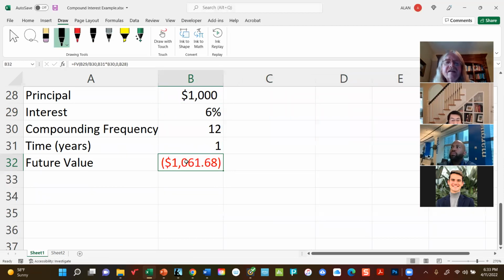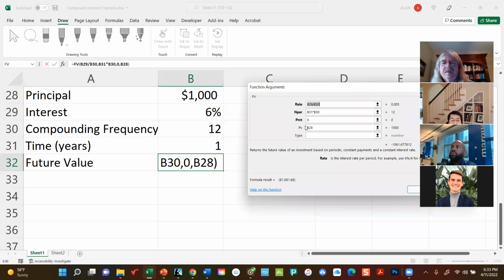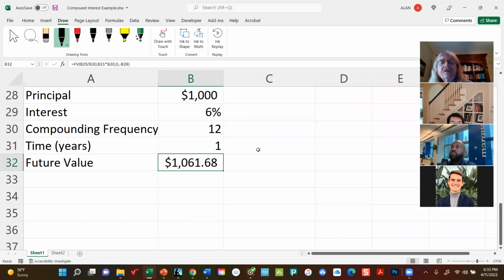Now, it came out negative because it thinks that we're borrowing this money. What you can do is go back and change the PV, or present value, to a negative value, because that money is actually coming out of your pocket when you put it in the bank, and it comes back at the end. So the future value is indeed $1,061.68, as we showed.